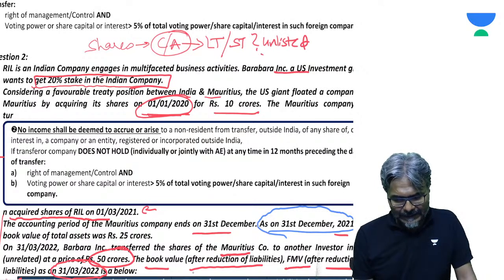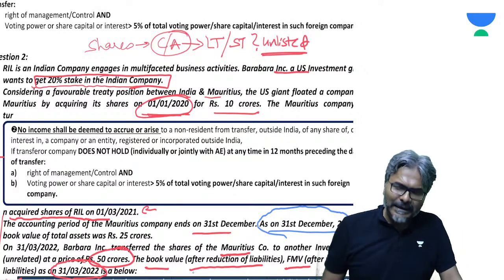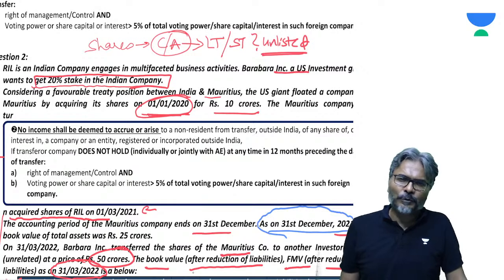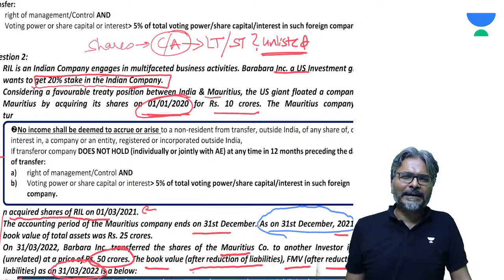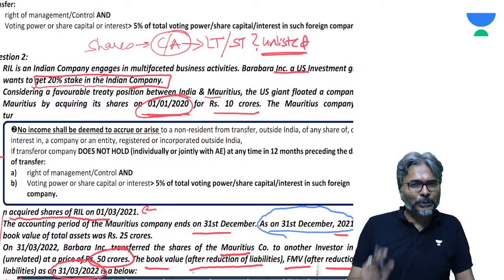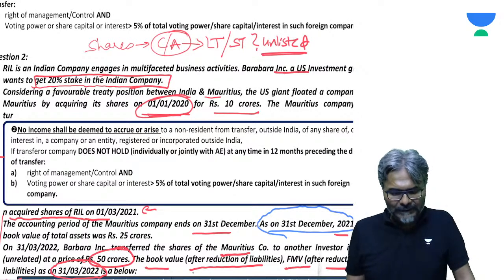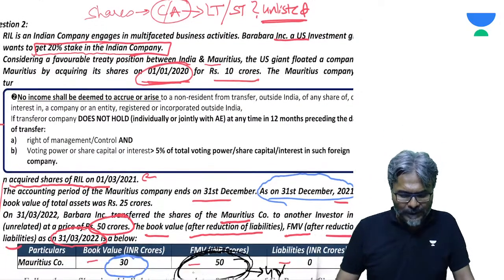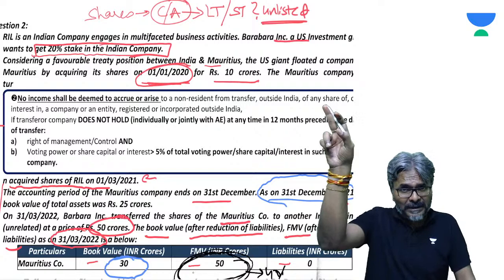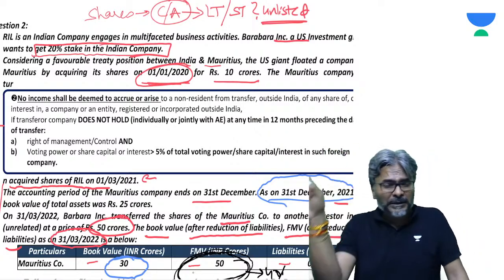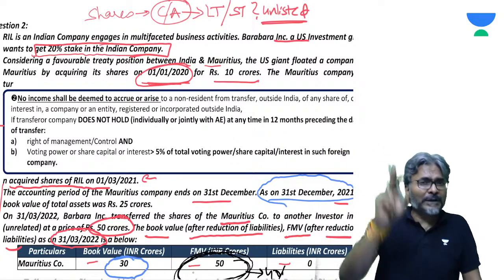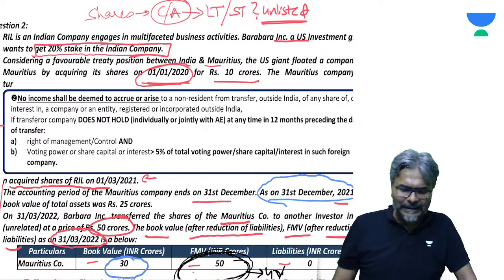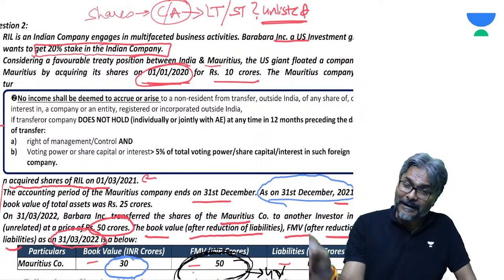And if it is unlisted, then for unlisted shares, what should be the period of holding so that it becomes long term? More than 24 months. So is the period of holding from 1st Jan 2020 to 31st March 2022 more than 24 months? Answer is yes. So is it a long-term capital asset? Again, the answer is yes.